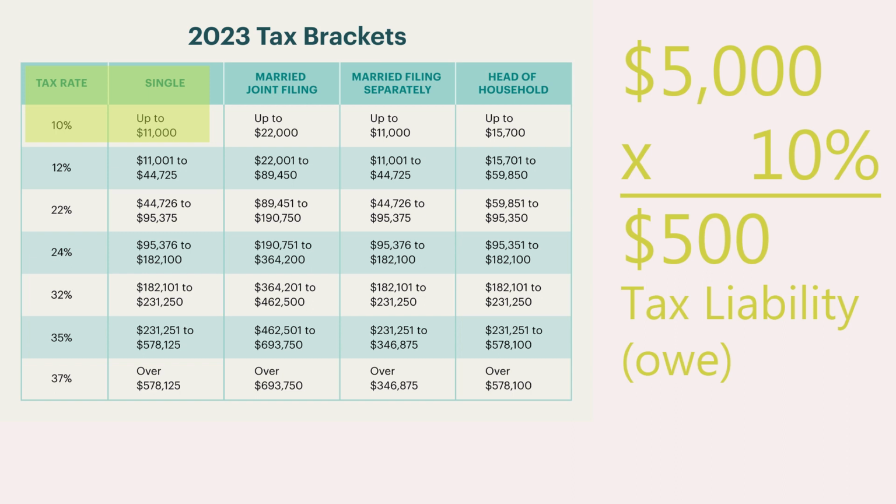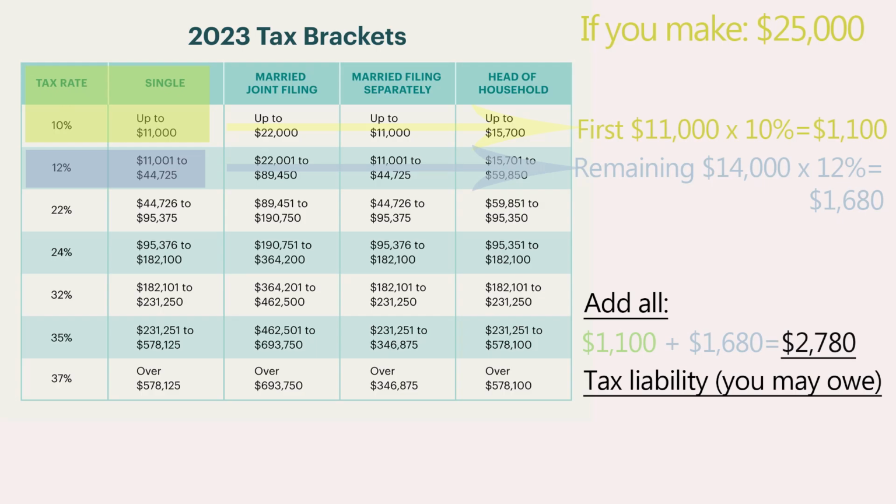So of the $5,000 that you made, you will pay 10%, which is approximately $500. And in another example, say you made $11,000 as a single filer. Well, your $11,000 is subject to a 10% tax rate. You fall in the same bracket as that person who also made $5,000.